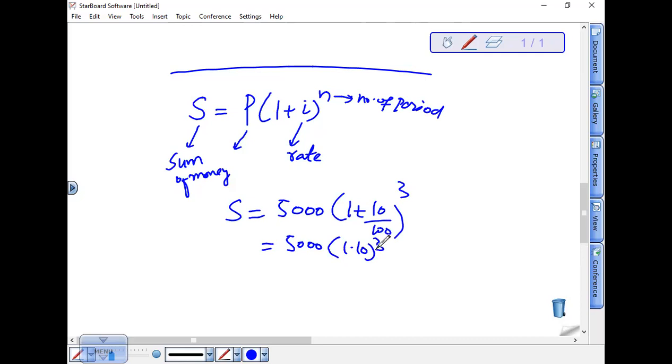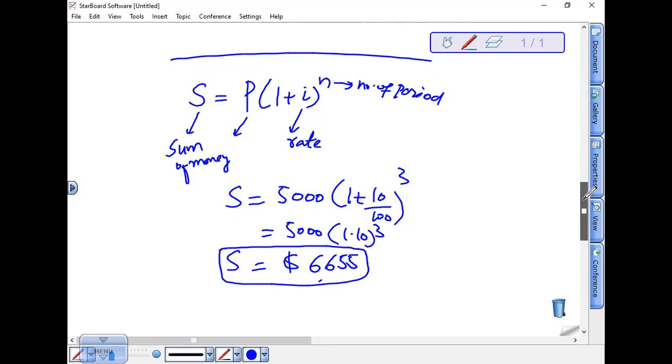Now I'm using my calculator to calculate this value. 1.10 raised to the power 3 times 5,000. It is giving me $6,655. That is the value that the investor will get after 3 years if he uses compound interest.